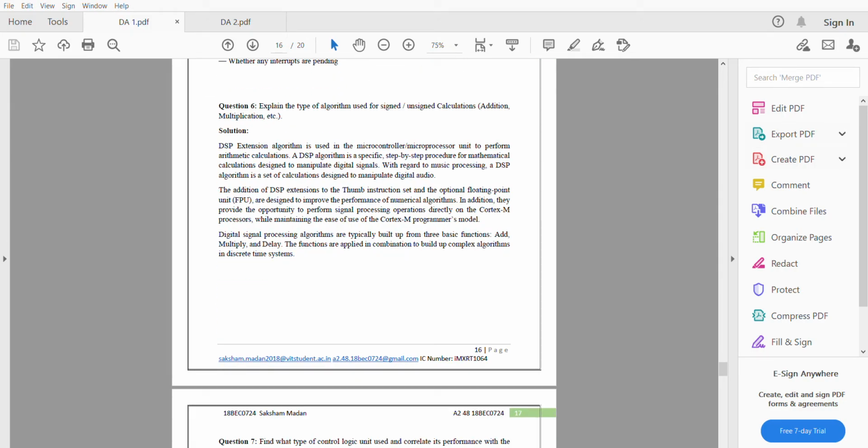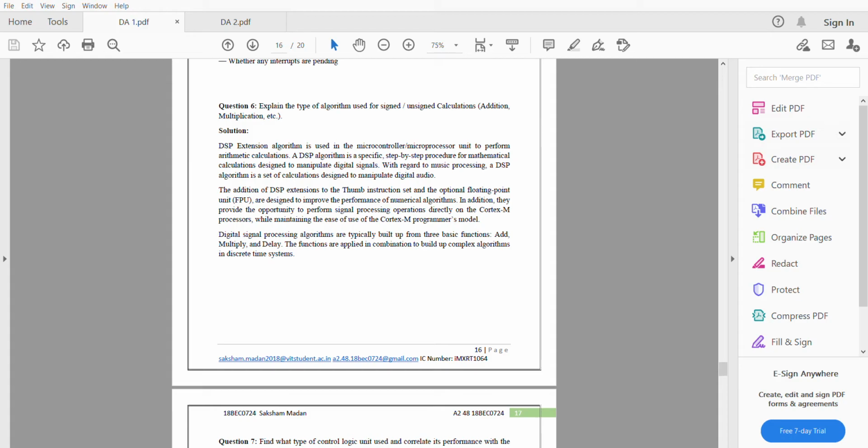The algorithm used in the signed and unsigned calculations in our microcontroller is a DSP extension algorithm to perform arithmetic calculation. A DSP algorithm is a specific step-by-step procedure for mathematical calculation designed to manipulate digital signals. With regards to music processing, a digital DSP algorithm is a set of calculations designed to manipulate digital audio.